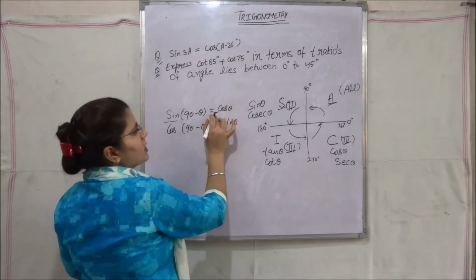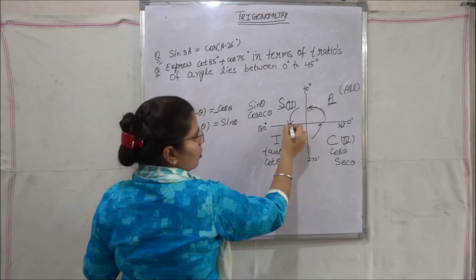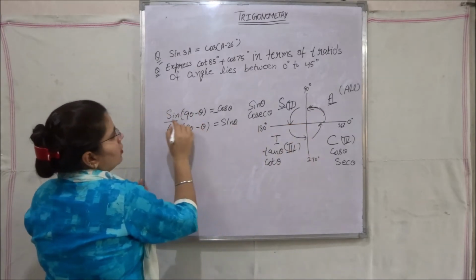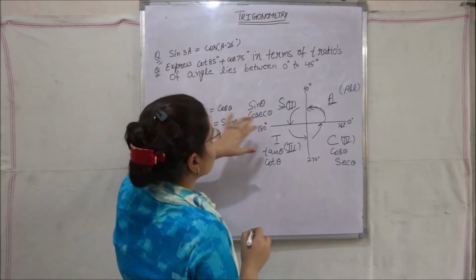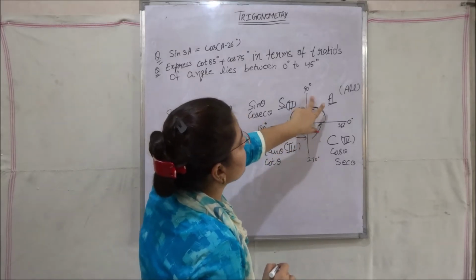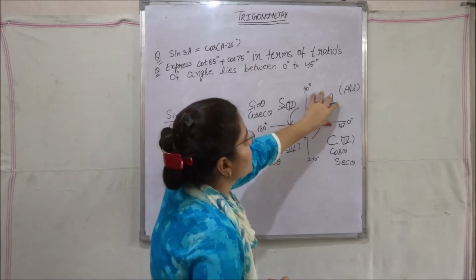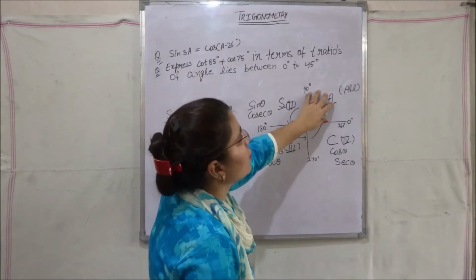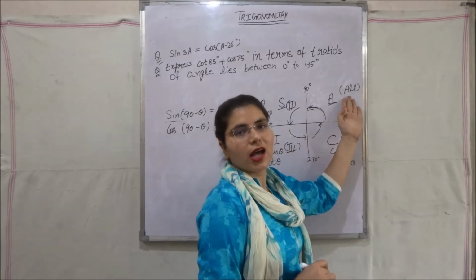So here the sign will be changed when we move from the first quadrant to the second quadrant. But in this case, because of 90 minus theta, the angle lies between 0 to 90 degrees. So we are present in the first quadrant, and in the first quadrant we had already mentioned that all are positive.